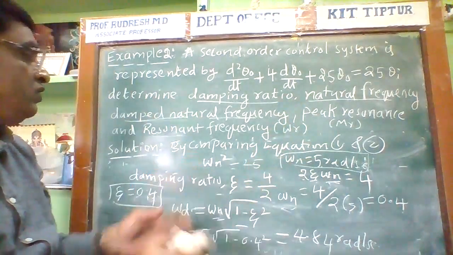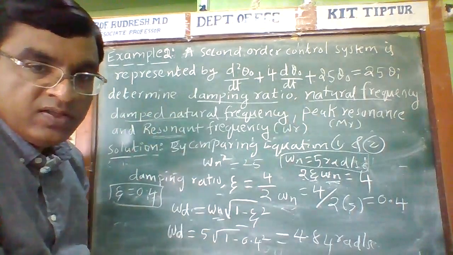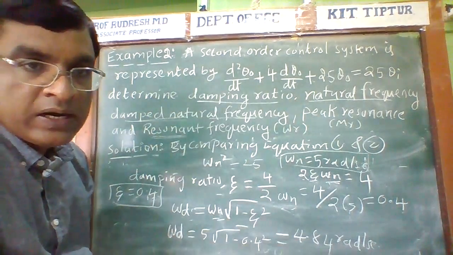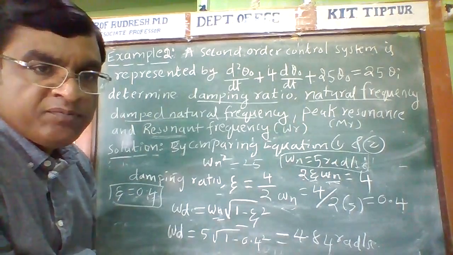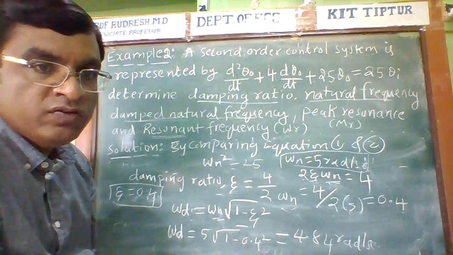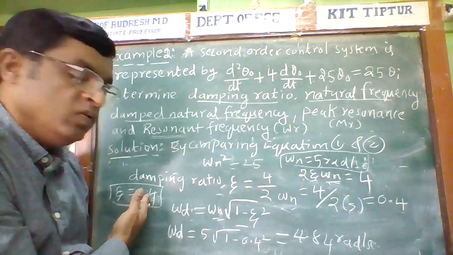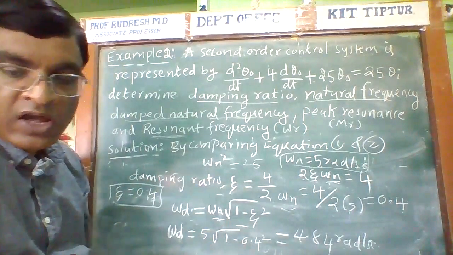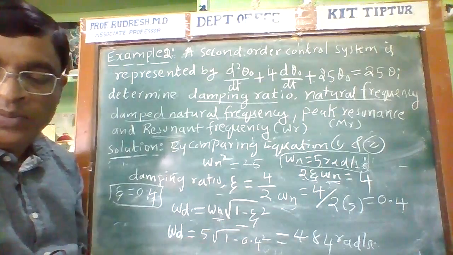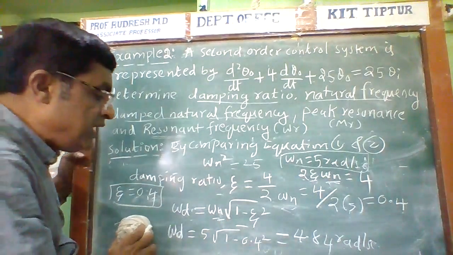Now we need to calculate the peak resonance. The maximum peak overshoot Mp is equal to e power minus pi zeta; once we know the zeta value, Mp can also be calculated. The next term is peak resonance.